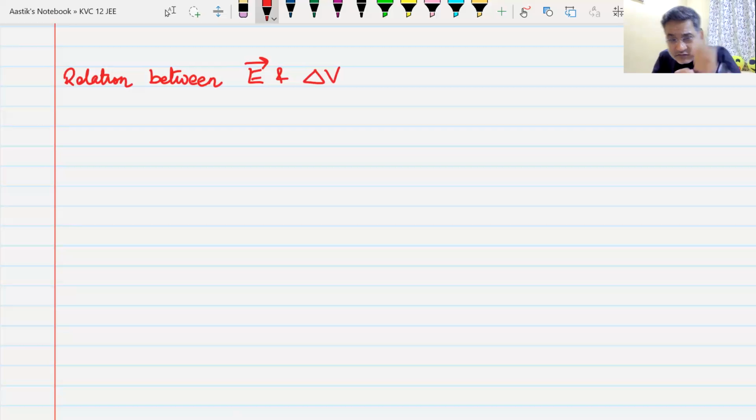One is a vector, other one is a scalar. How can a vector relate to a scalar? Anyone has heard this? Vector getting related to a scalar? It's like a vegetable getting related to a fruit.